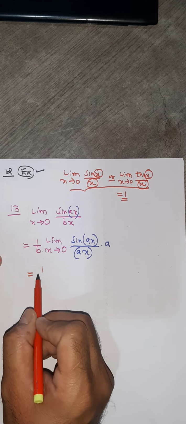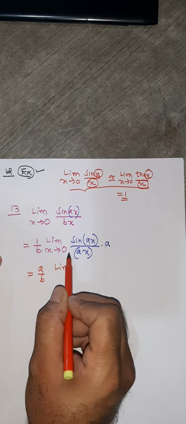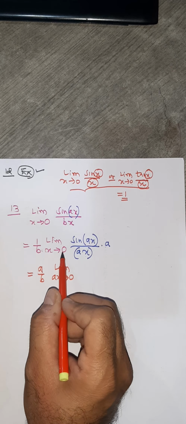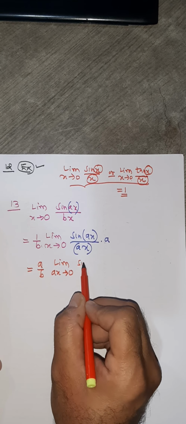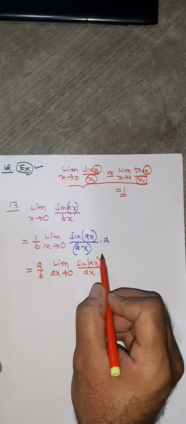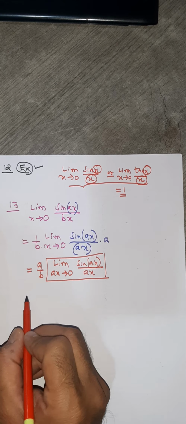a is constant, b is constant, so I'll keep a by b outside. Here, you can keep this, or if you want, you can write ax tends to 0. If x is very close to 0, obviously ax will be very close to 0. Sine ax upon ax. Now what is the limit of this expression? As per this formula, it is 1.